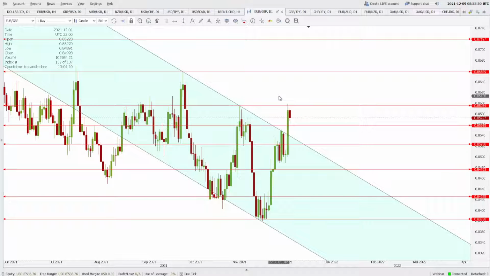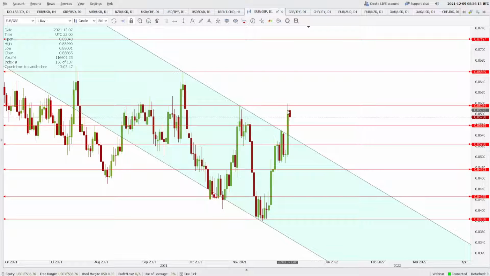Euro GBP is trading very nicely. There is a double bottom formation here, although the bottoms are slightly up and down. But you see here, the price has given us a reaction high at around the 0.8595 region, and yesterday the price has already tested that level and even given a slightly higher high than that one.